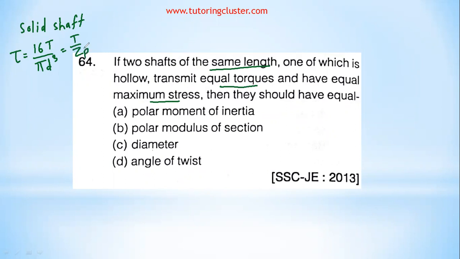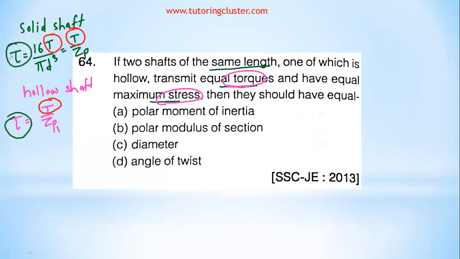Now if I have to write the same thing for a hollow shaft, what will be tau? It will be again T upon Zp1, right? So if equal torques are there and they have equal maximum stress, equal torque, that means this T and this T are equal. And the second thing is stress is also equal for solid and hollow shaft.